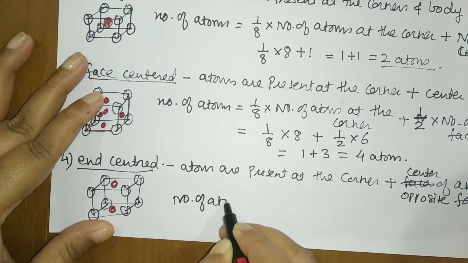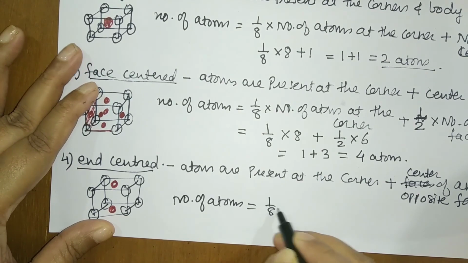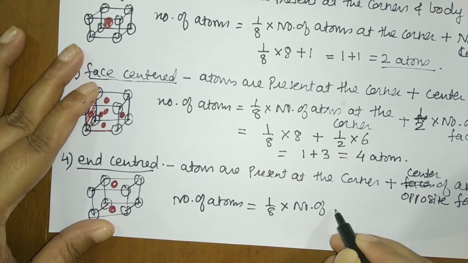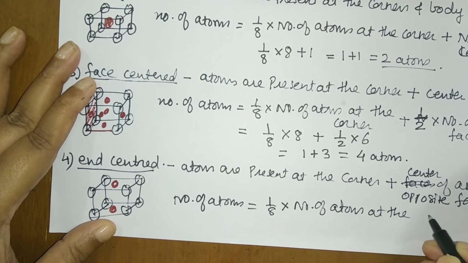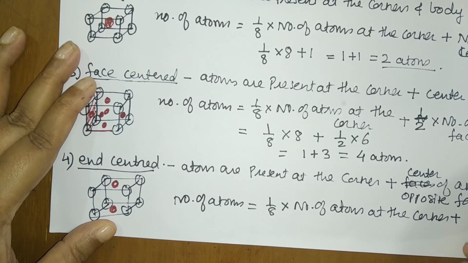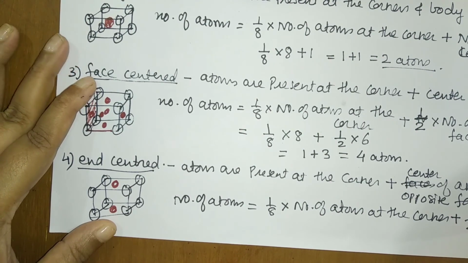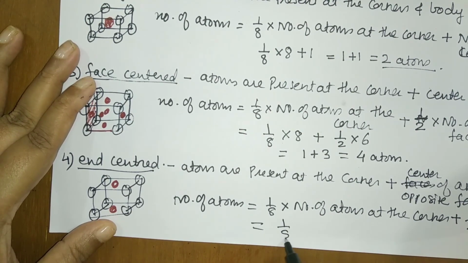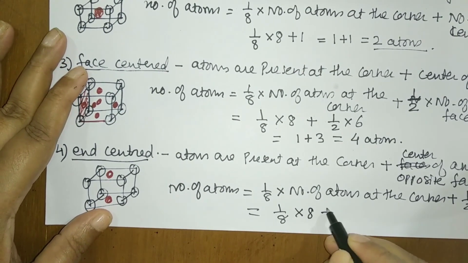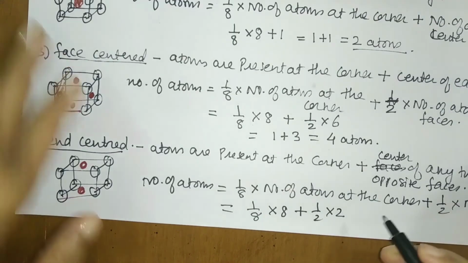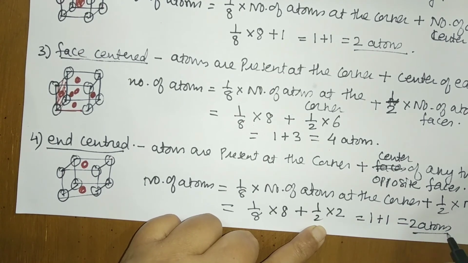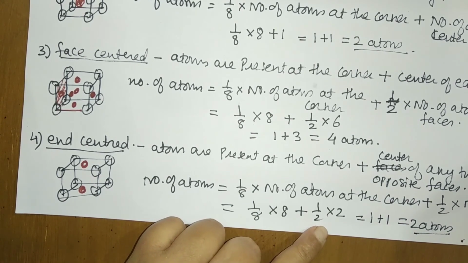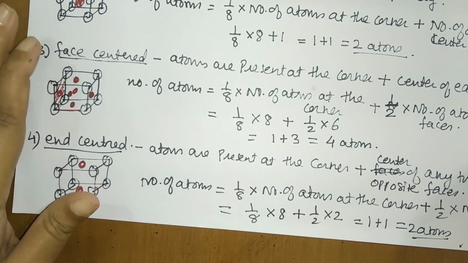Number of atoms is equal to 1 upon 8 into number of atoms at the corner plus half into number of atoms in the center faces. So this will be 1 upon 8 into 8 plus 1 upon 2 into 2. So this will come out to 1 plus 1. So how many atoms, student? 2 atoms. So this is how we do the calculation for the number of atoms in these different types of unit cells.